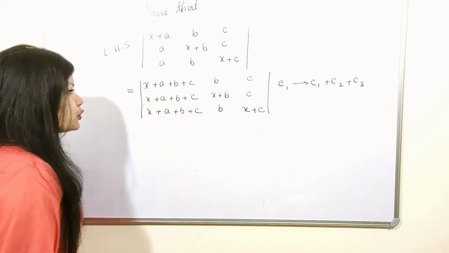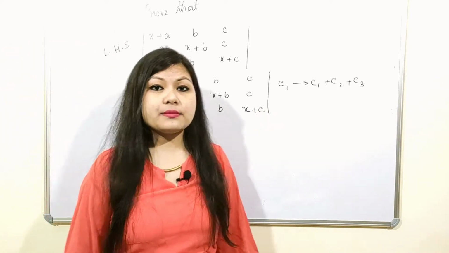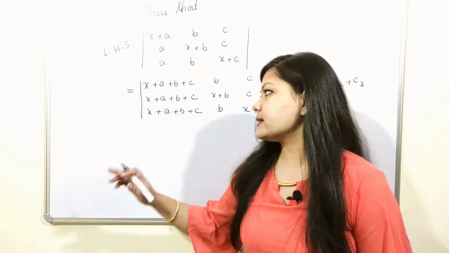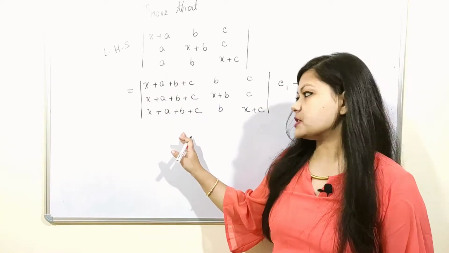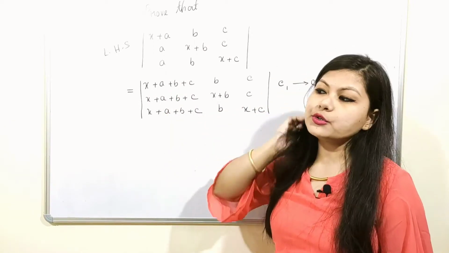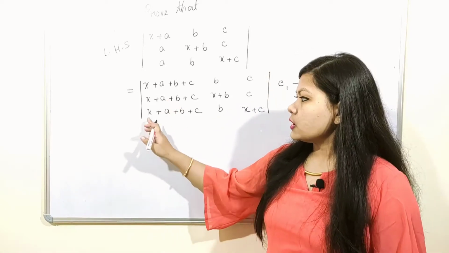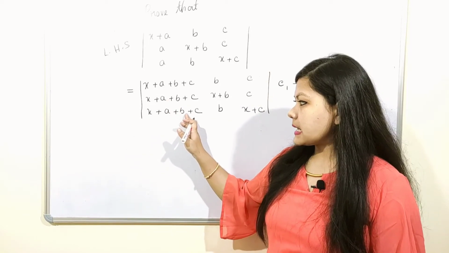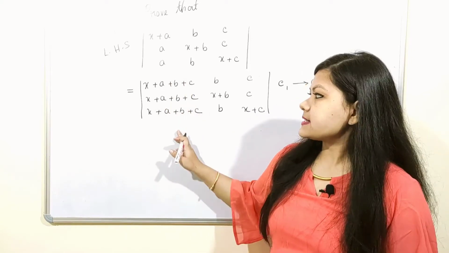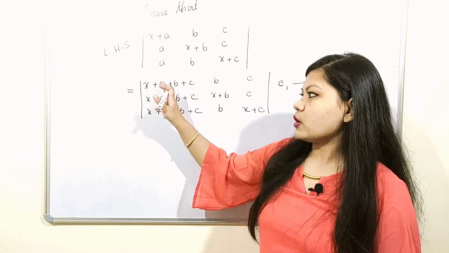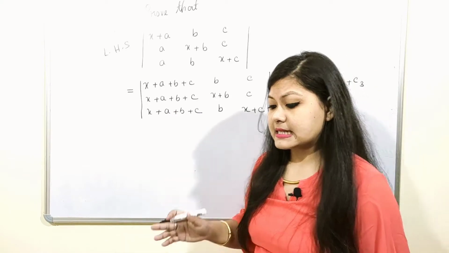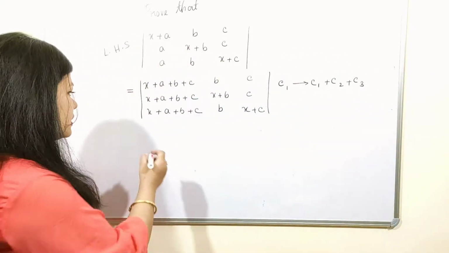Now we note another property of determinants: if we get a common factor in the determinant, we take that factor common. So here x plus a plus b plus c is the same for all the elements of the first column, which means it is a common factor.